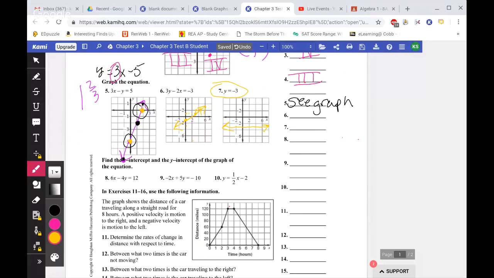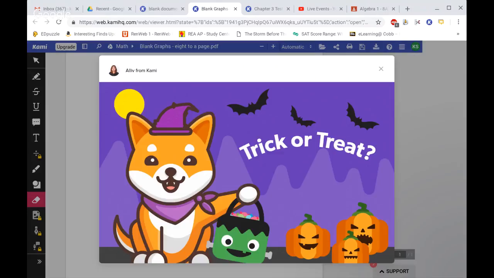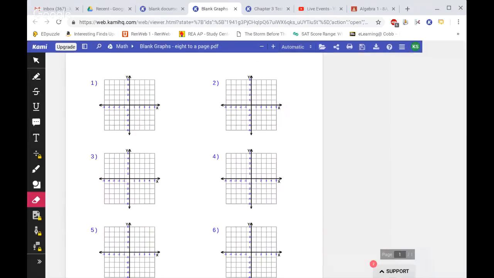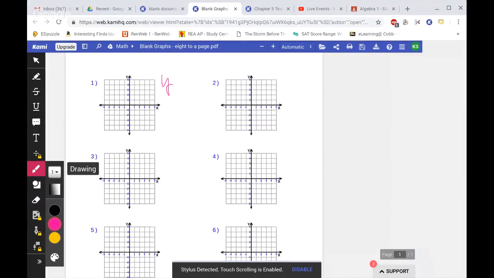I think I counted them by 1s the other day. But it is a horizontal line running completely through all of the y's that equal -3. Look, these are normal graphs. Y equals -3.